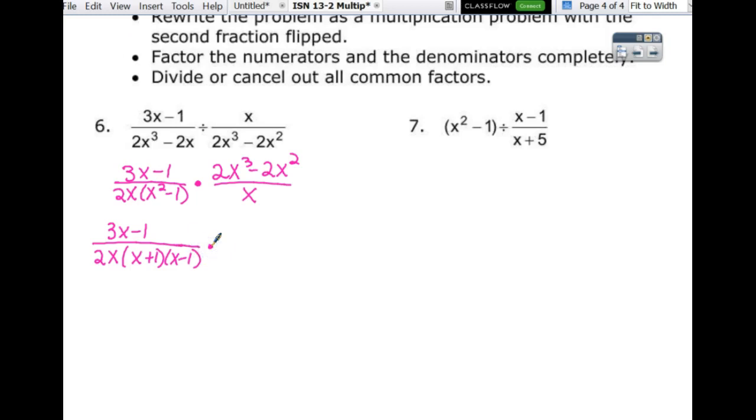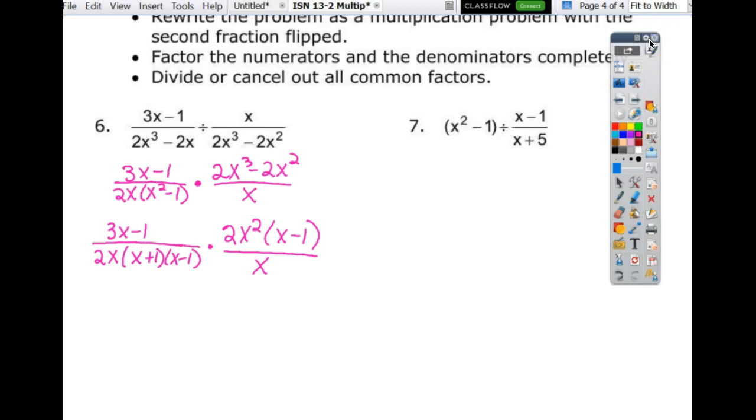So what do we have in common on top here? I have a 2. And what's the least exponent? X squared. So that leaves me with x minus 1. So what gets to go?